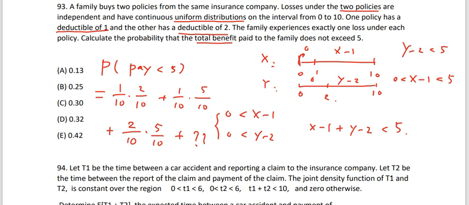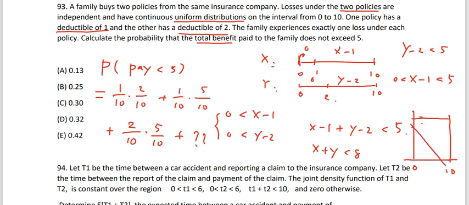It is two-dimensional: x plus y less than 8, with x larger than 1 and y larger than 2, where x and y are from 0 to 10. The line x plus y equals 8, and x larger than 1 and y larger than 2, so this part is just this triangle.